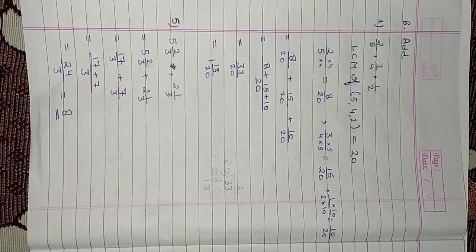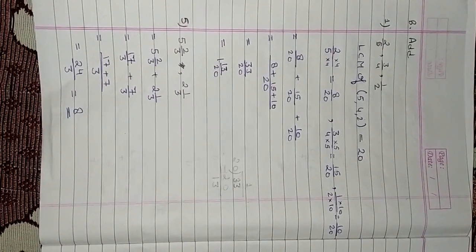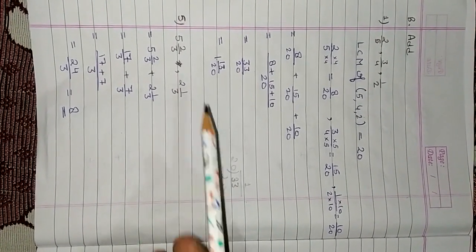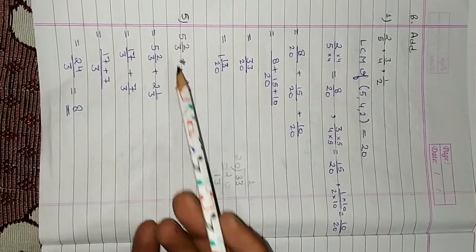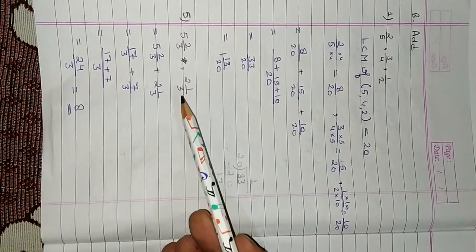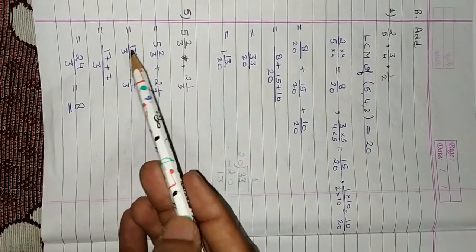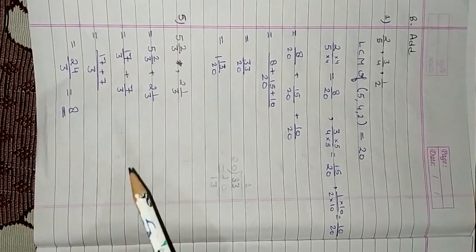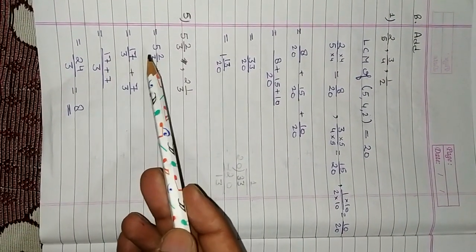Now question number 5. 5 2 by 3 and 2 1 by 3. Two mixed fractions. First convert these two mixed fractions into improper fractions. How to convert into an improper fraction?